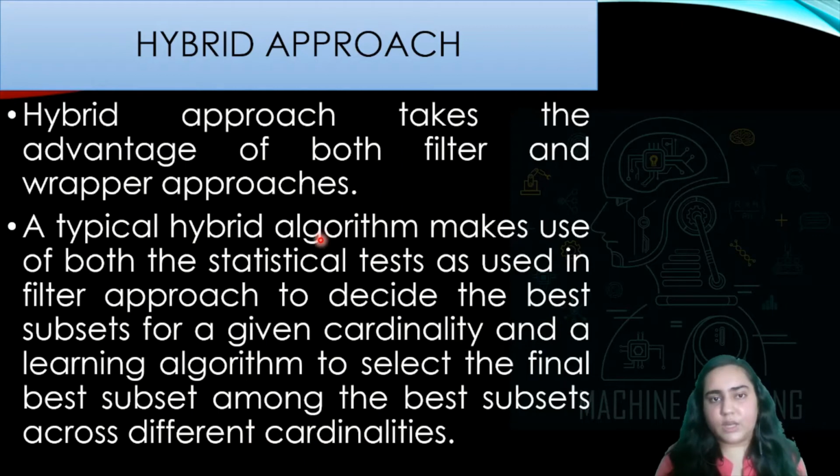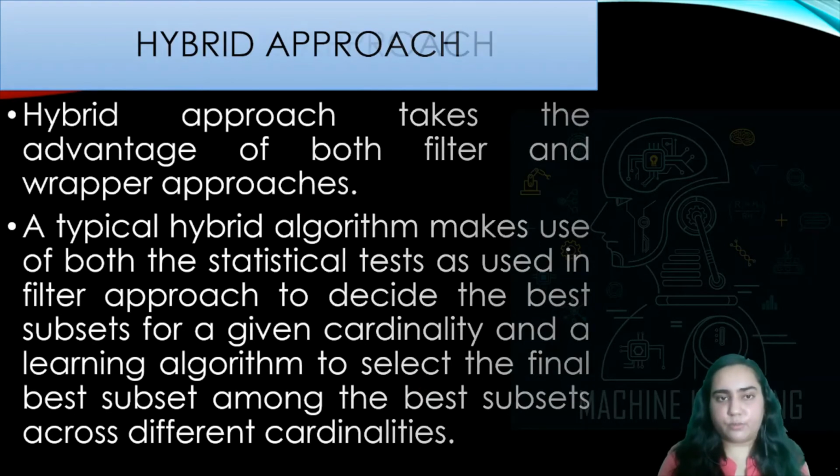Okay, so the hybrid approach is nothing but a combination of filter as well as wrapper approach. So what you will do is you will use statistics to select some subsets, and then for those subsets you will apply the algorithm to see which of those is the best. Okay, so that is the hybrid approach.